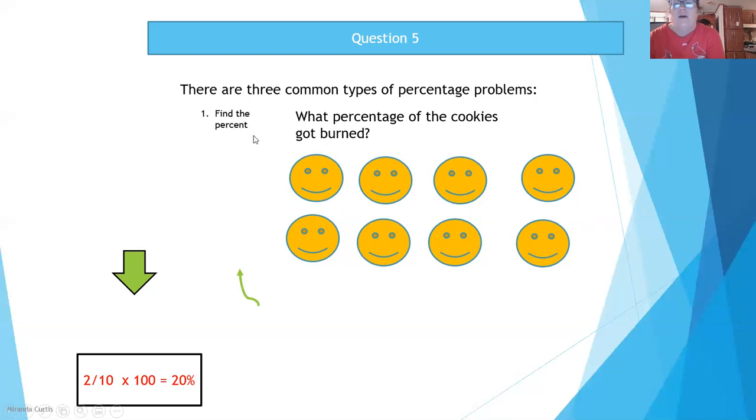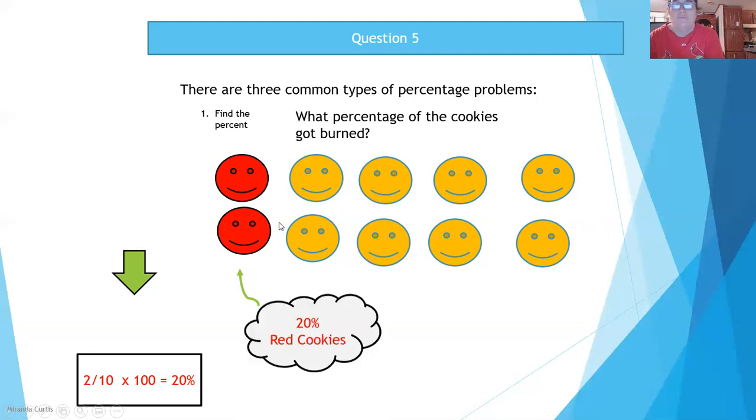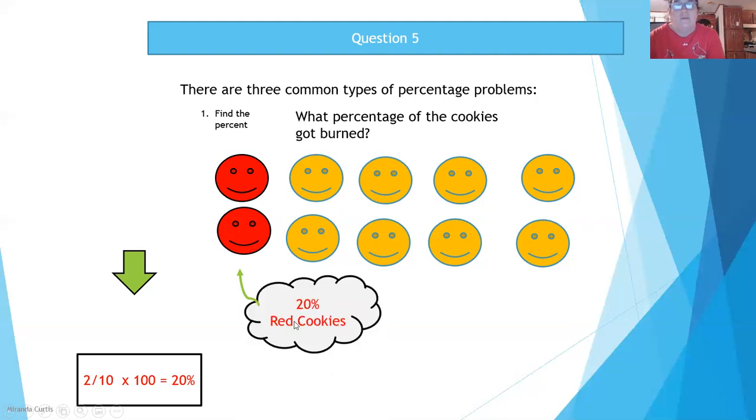Find the percent. Okay, so my little picture is going to move. It's really cool. It says, what percentage of the cookies got burnt? You could tell I'm hungry when I made this. There's 1, there's 2. So we have a total of 10 cookies, and only 2 got burnt. So that's going to leave us with 20%.